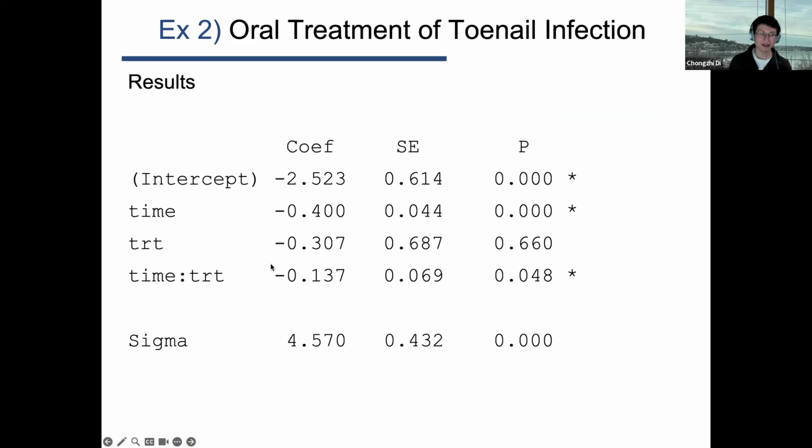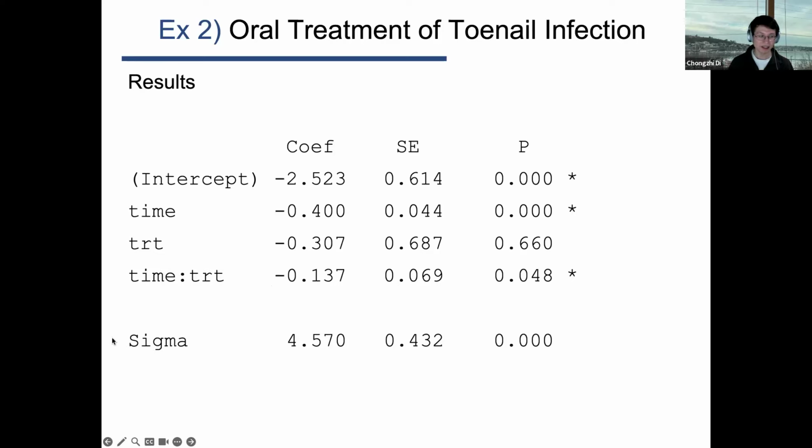The coefficient is negative, indicating that treatment B actually has a stronger effect, because in this case a positive response means more severe symptoms. So a negative number means less odds of reporting a positive response, which is actually a good thing. It means treatment B seems to have a stronger effect.